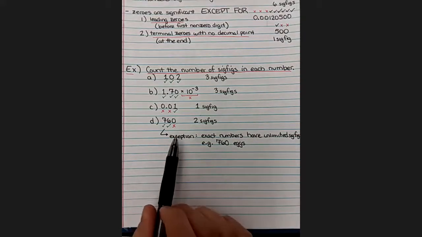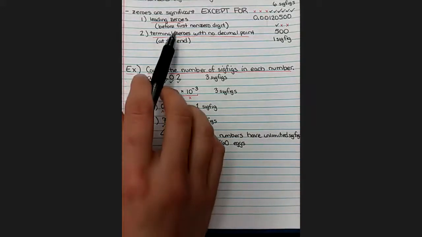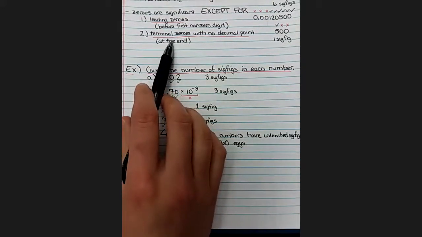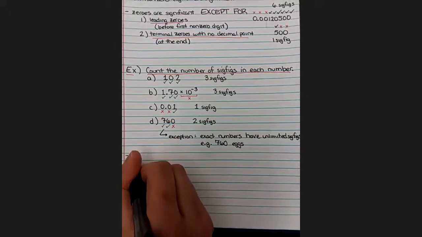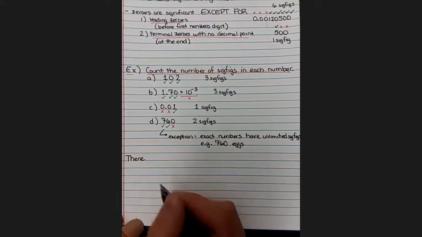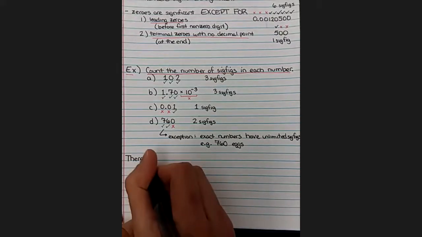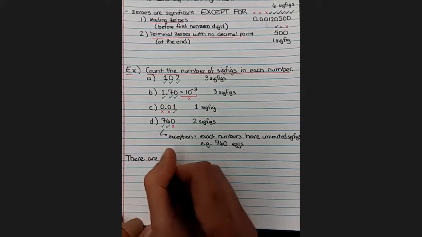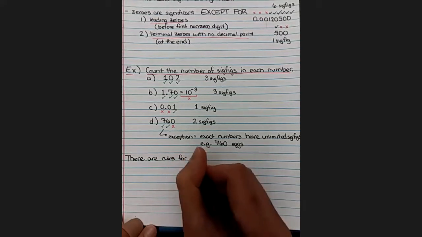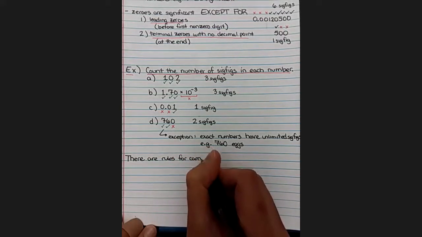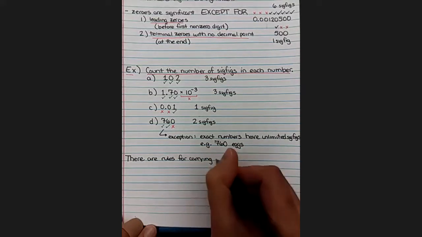Okay, so these are all the rules you need to know for counting significant figures in a number. And now we're going to get into the difficult stuff, which is what happens when you have to do math with a number. So there are rules for carrying significant figures during calculations.